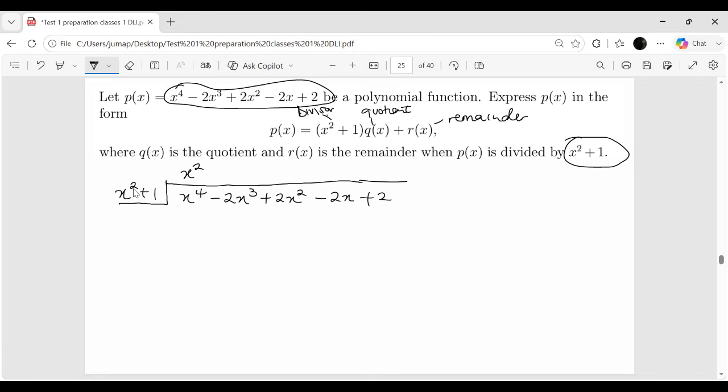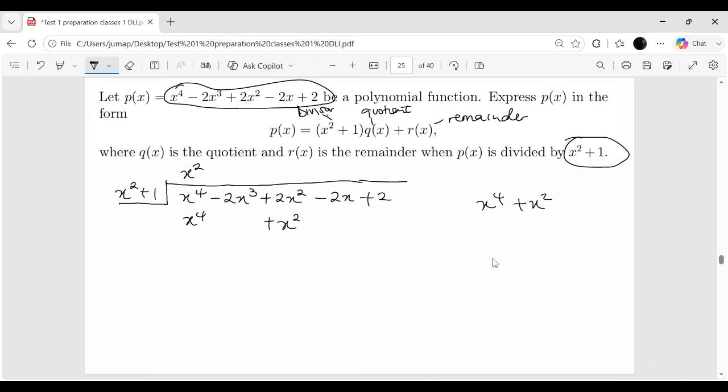Okay, so now what I have gotten as my x squared, I'll multiply it with this. So x squared times x squared, that will be x to the power 4. Then x squared times 1, that will give us x squared. So I'll write the positive x squared here. You understand why I've written it there. The reason is that this one has power 3, so we're supposed to get x to the power 4 plus x squared.